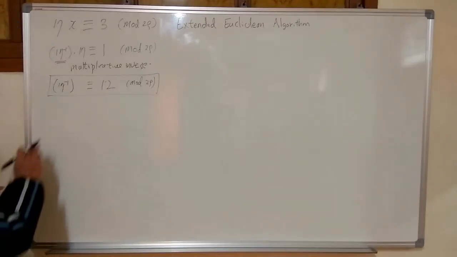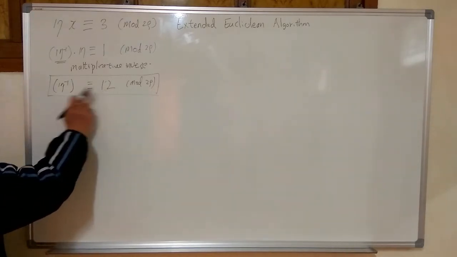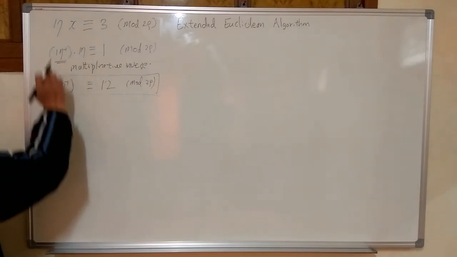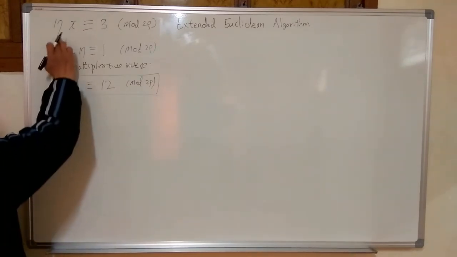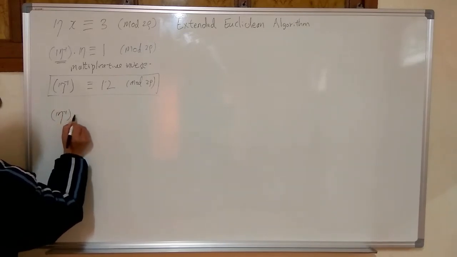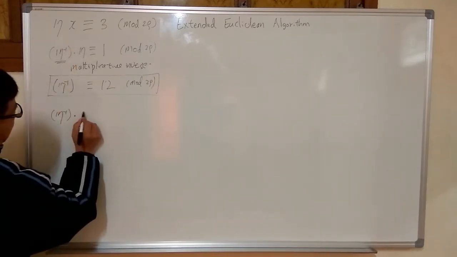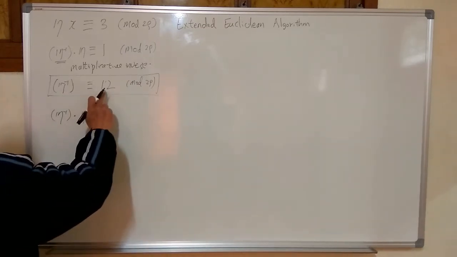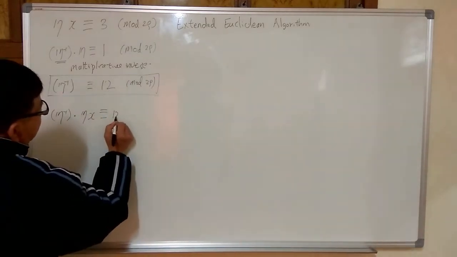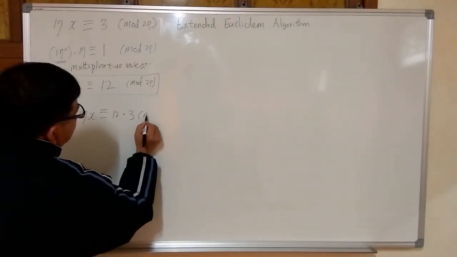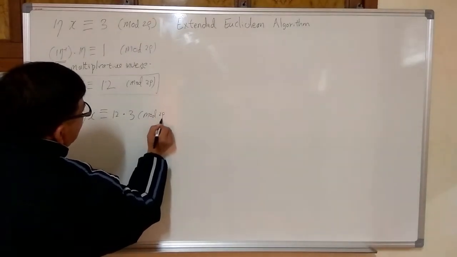If we can find this multiplicative inverse, 17 inverse, we can multiply each side, then it becomes 17 inverse times 17x ≡ 12 times 3 mod 29.